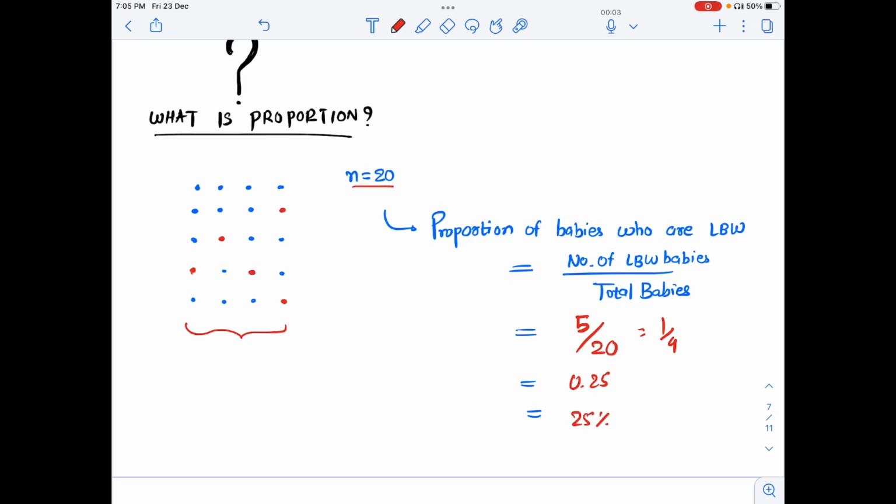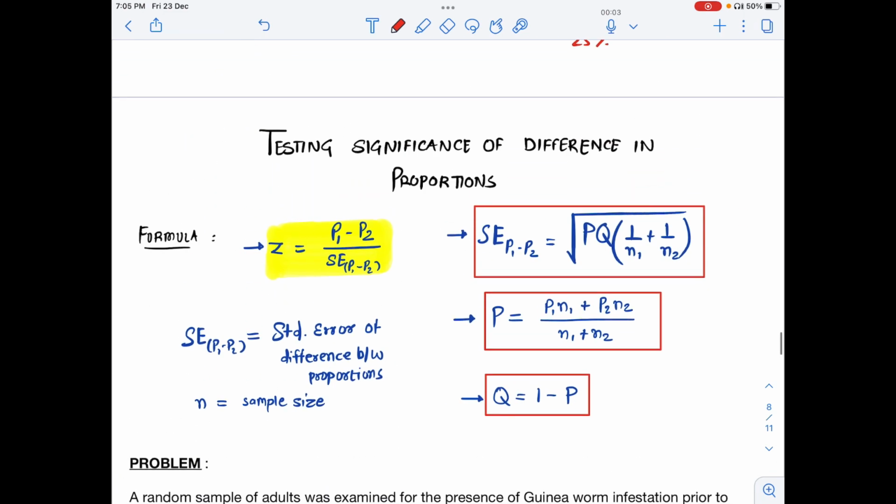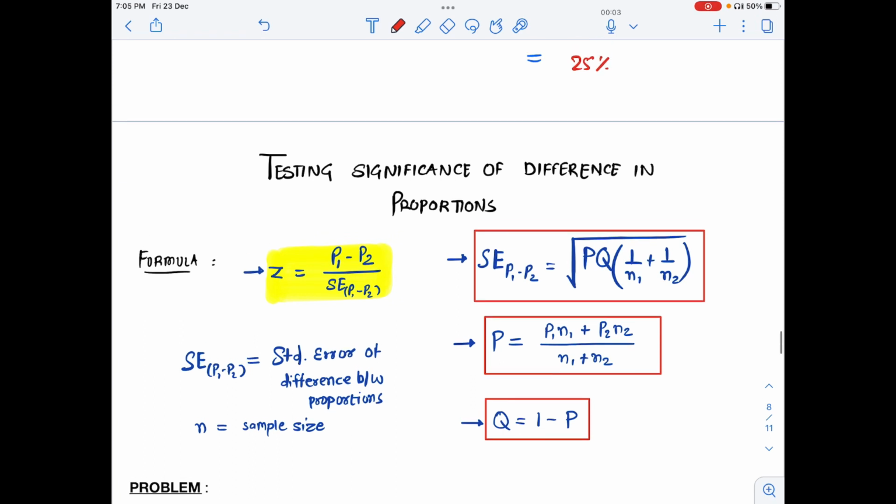Okay, so now z-test. The use of z-test, as I said earlier, is to test the significance of difference in proportions. Now first of all we will mug up some formulas. This formula is the z formula for proportions. Now SE refers to standard error of difference between proportions.